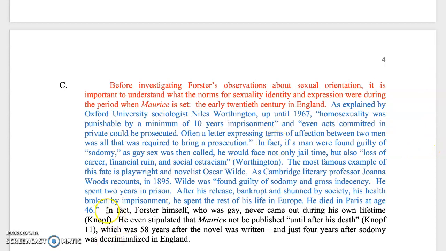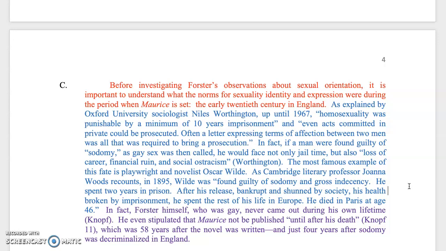And then at the end, there's a little bit here, and I'll highlight this as well, about the author's own relation to this. The fact that Forster himself was gay and in fact would not allow this novel to be published until after his death, 58 years after it was written.